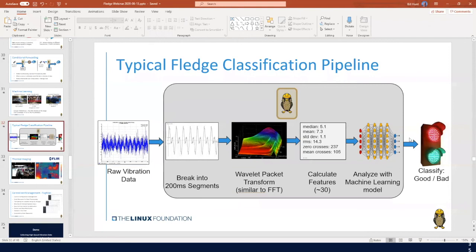And actually, that particular model that Ashwin has can also classify beyond good or bad. It can identify different types of bearing faults: if the inner race is faulty, or the outer race, or the bearing itself, or the cage. So it can identify different types. And the way it's trained, actually, let me start off by saying that the model that Ashwin showed is a neural net model, but we have others that we've done as well.